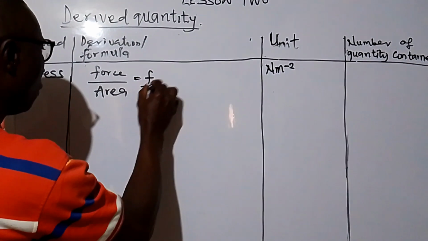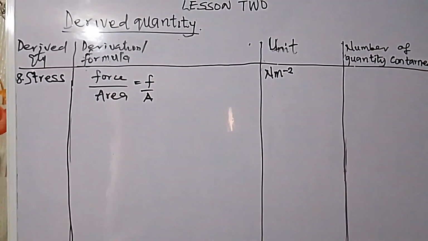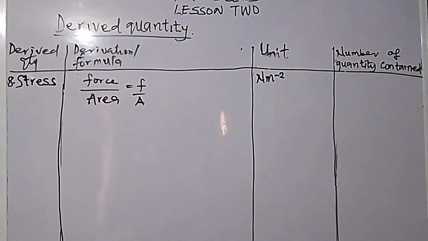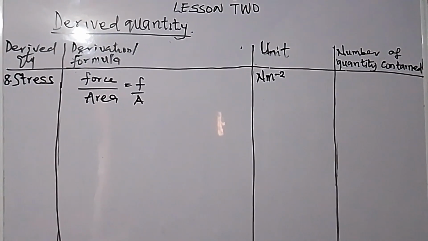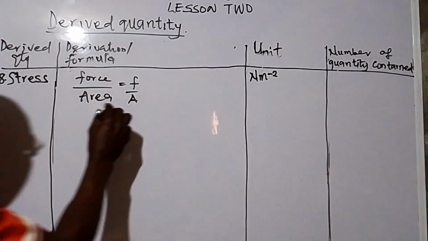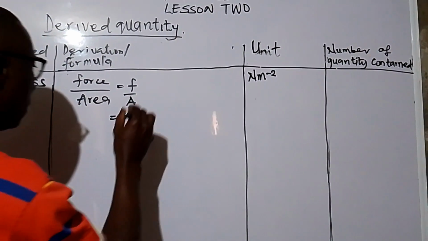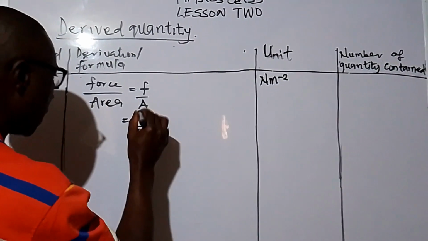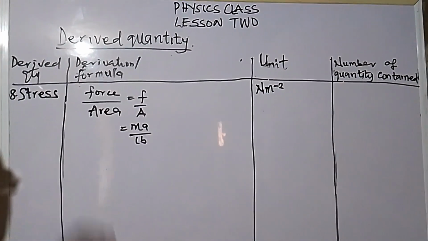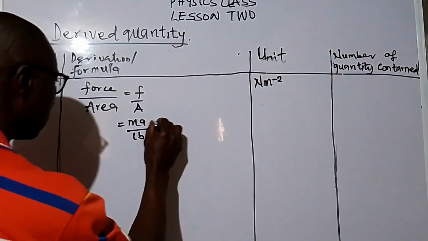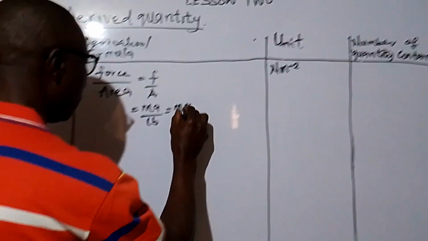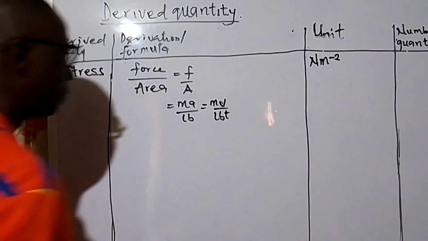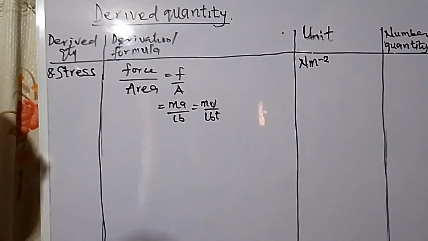Force over area. To get the number of quantities that this one can contain, we need to reduce all these derived quantities to their fundamental level. First is MA over length times breadth. A is still derived, so it will give us MV over LBT, because don't forget, acceleration is velocity over time taken.